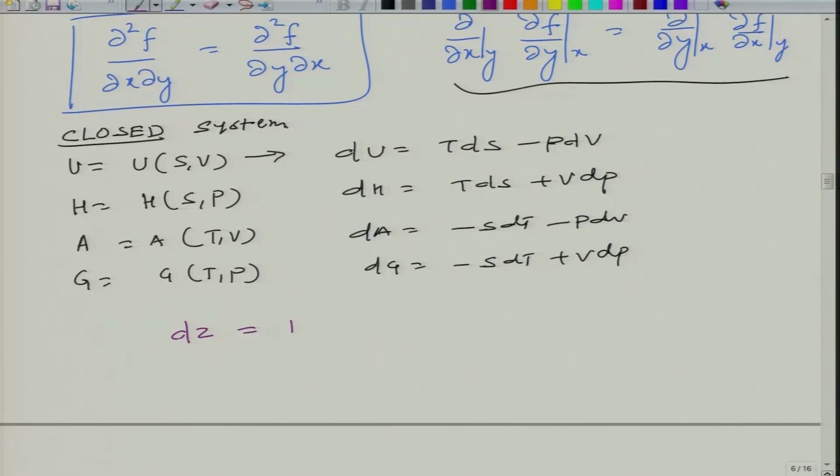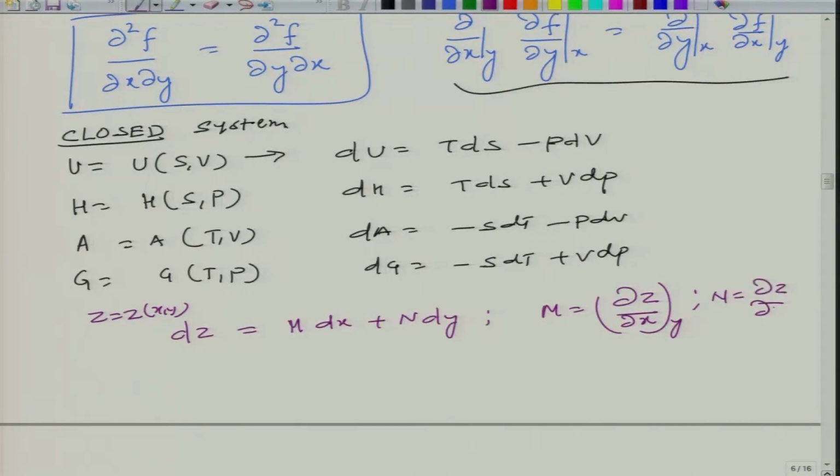Let us say I can write dz as M dx plus N dy, where we are considering z equal to a function of x and y, where M is nothing but del z by del x at constant y, and N is nothing but del z by del y at constant x.